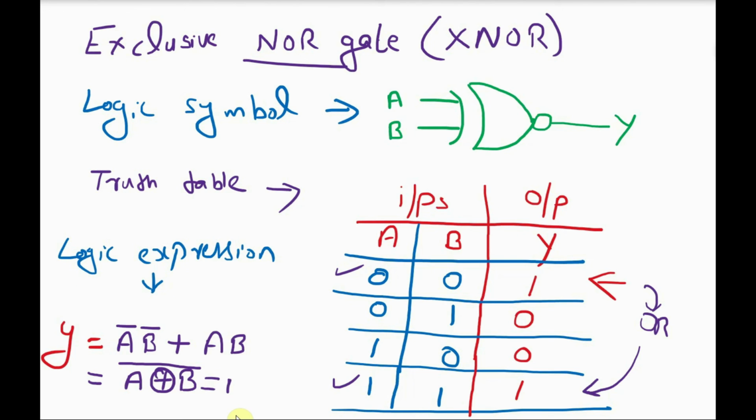Or we can write it as A, and there is an operation for XNOR, written as a circle with a dot inside, and then B. This is also A XNOR B. And when we expand A XNOR B, it is known as A bar B bar plus AB, or AB plus A bar B bar. And this is all about exclusive OR gate and exclusive NOR gate.